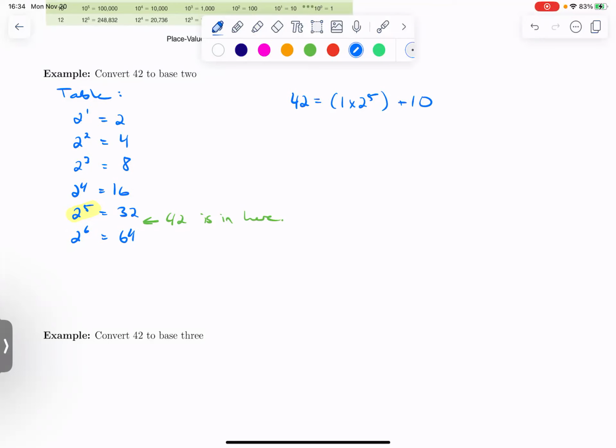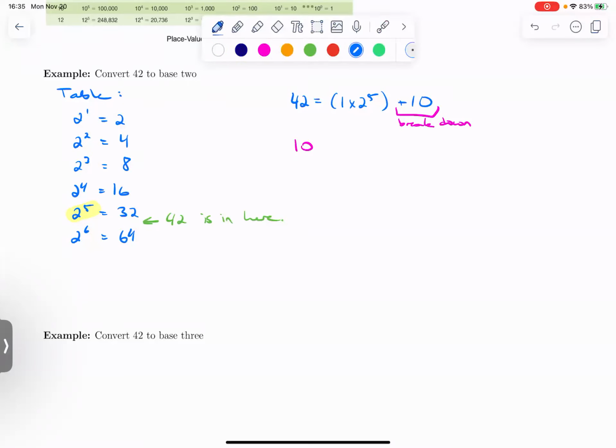So now I need to break this down. So 10, doing the same thing. 10 is somewhere between 8 and 16.